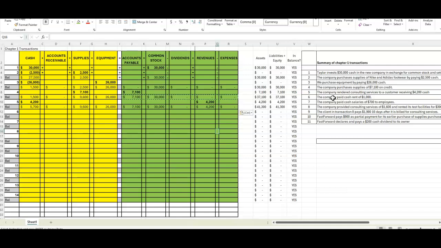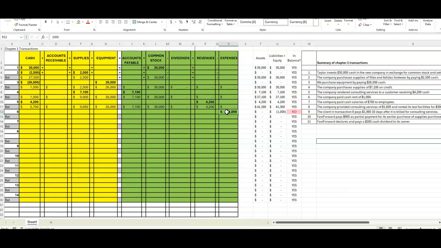Number 6, see if you can do it. We paid rent of $1,000. Okay, so that rent is an expense, and I'm going to go ahead and put this in as a positive number. This because even though it's on the equity side, you can see that it's a negative.